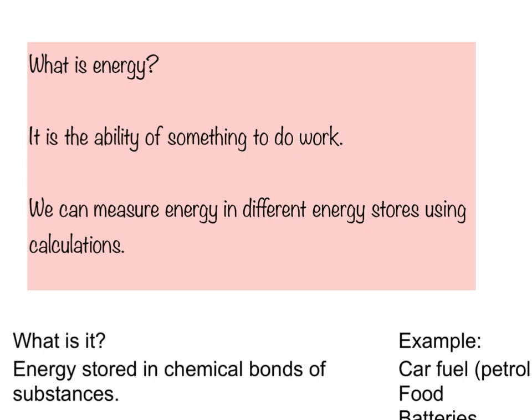But in general, if you feel a bit stuck about what energy is, if we didn't have energy in our bodies, we wouldn't be able to get out of bed. It will feel like an exhaustion if you want to simplify it in those terms. But you need to know the definition that's given here as the ability of something, an object or a person, to do work.